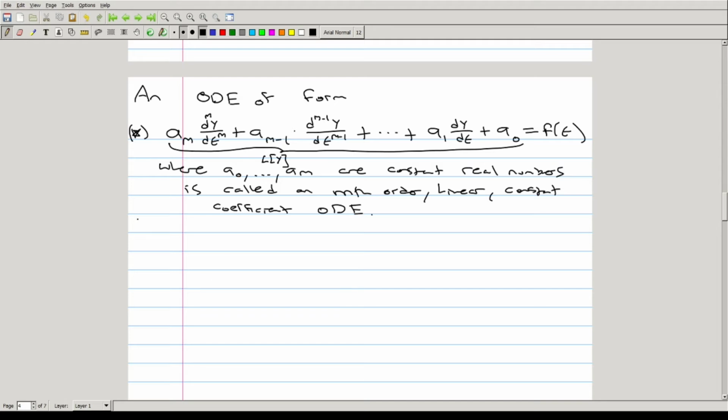For instance, if you were to take L of alpha y1 plus beta y2 for two separate functions, y1 and y2, this is going to be the same thing as alpha times L of y1 plus beta times L of y2.